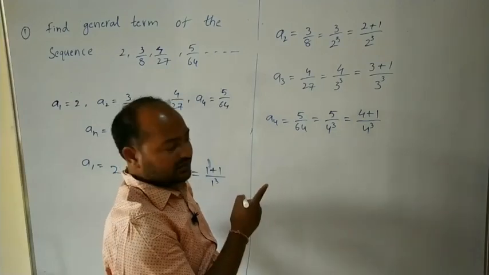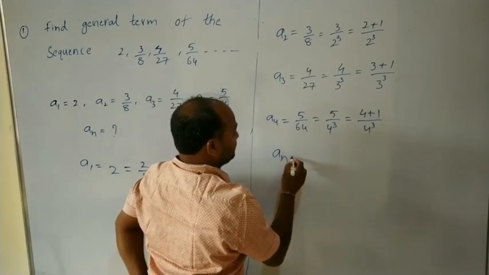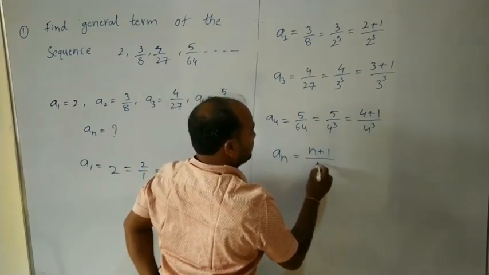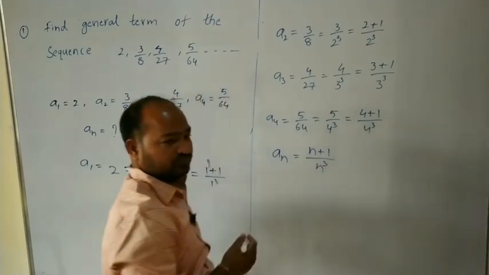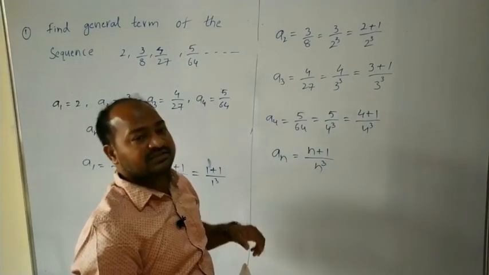If you observe this pattern, then the nth term will be equal to n plus 1 by n cube. Okay, so this is the general term of the given sequence.